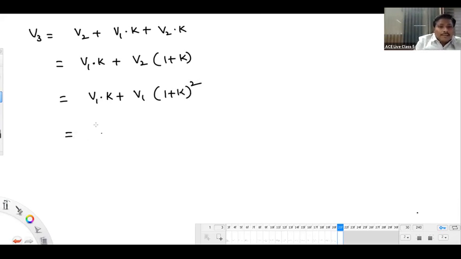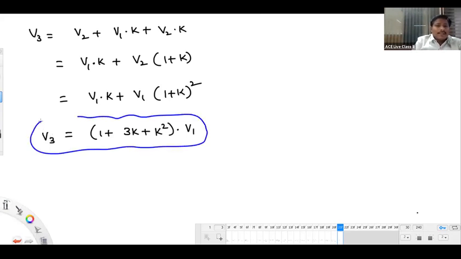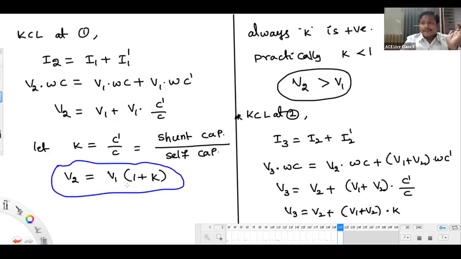And you make this one 1 plus 3K plus K square. You will get like this. So this is the disk number 3 potential: V3 equals 1 plus 3K plus K square into V1. Now you see here, what is V2? 1 plus K into V1.